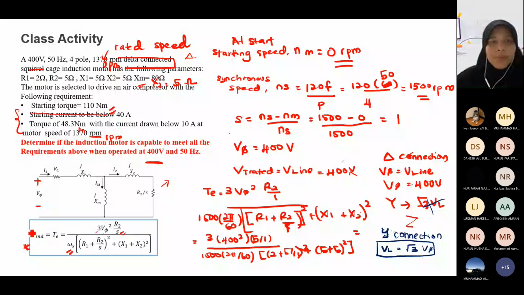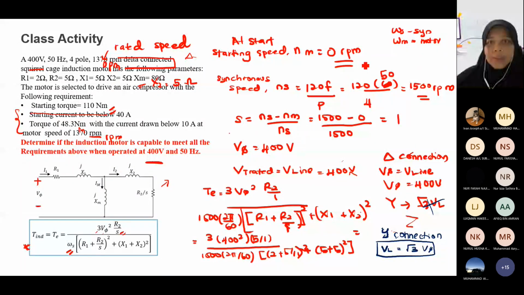Okay, in this case for the induction motor, you have two speeds, which is omega S, the synchronous speed, and omega M, which is the motor speed. Okay, so as you have done last week, at start, the starting speed for the induction motor is 0 RPM. The synchronous speed is calculated by using this formula based on the frequency and number of poles.